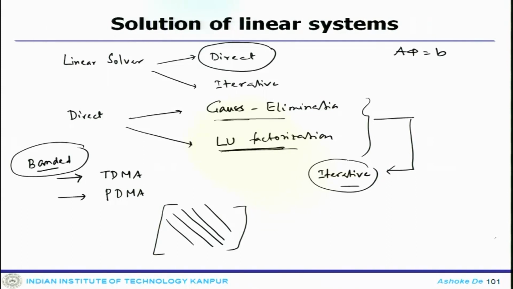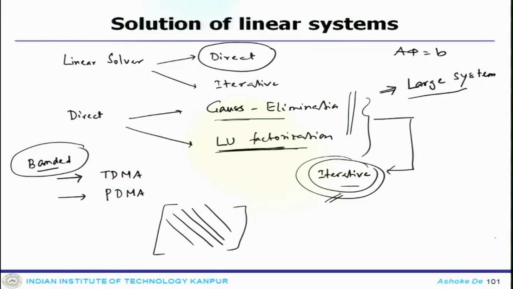When you talk about the iterative process, it is advantageous over the direct method because the direct method is computationally expensive for large systems. If you have a small system, then direct or iterative process may not make a different overhead, but for a large scale system the iterative process is very often used in any CFD code, and naturally it is preferred because it has a much lower computational overhead.